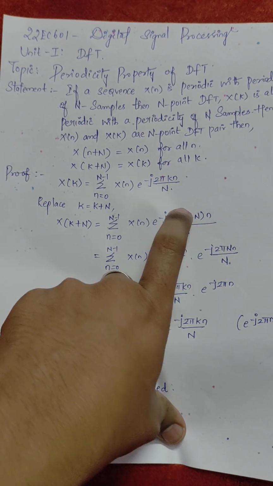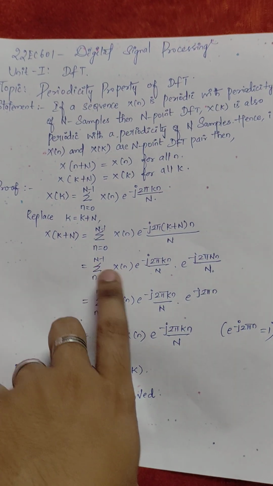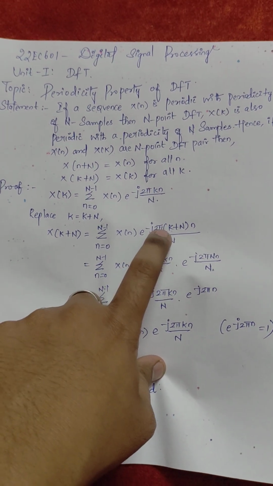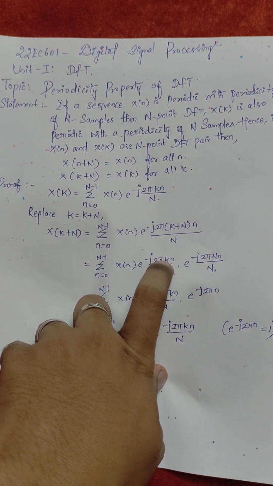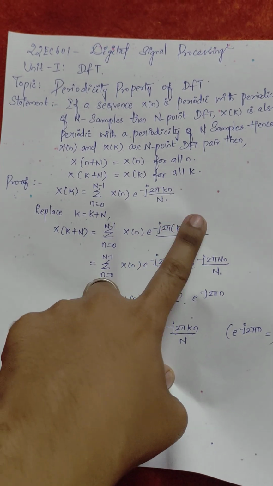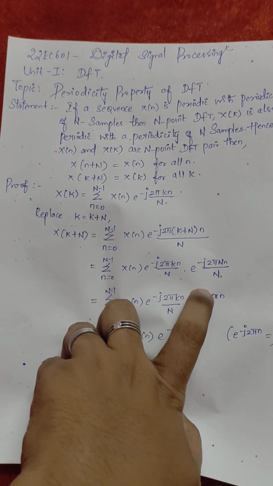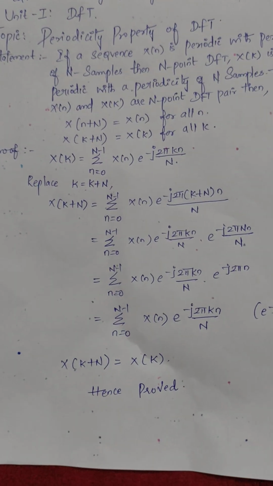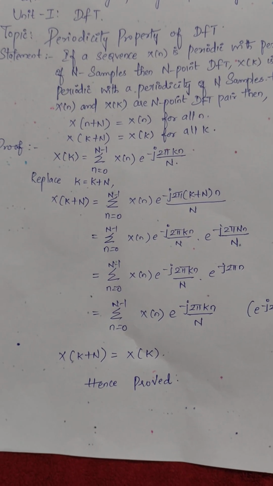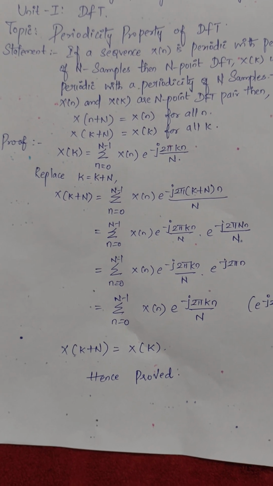Now remove this bracket. Summation n equal to 0 to N minus 1 x of n e power minus j 2 pi, multiply this with respect to k. So e power minus j 2 pi k n by capital N dot e power minus j 2 pi again multiplied with capital N, so e power minus j 2 pi N n by N. Remove the bracket and you will get two terms. e power minus j 2 pi of k plus N into n by capital N is split into two parts.